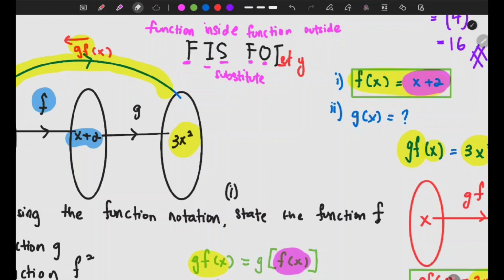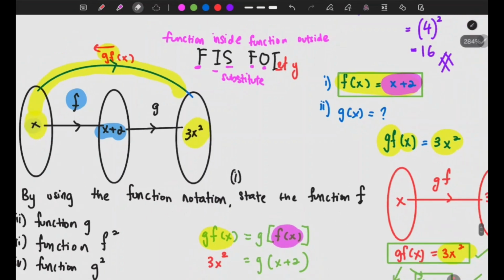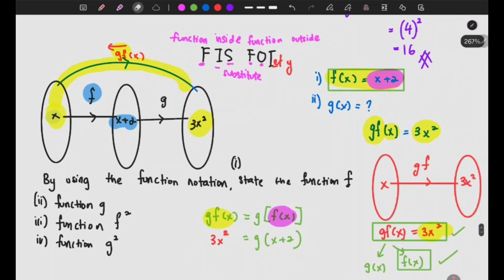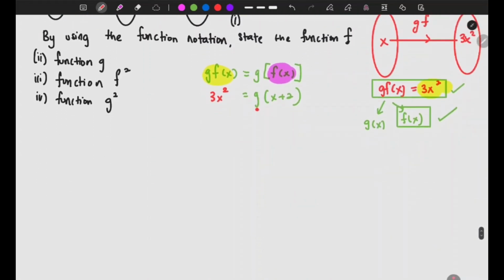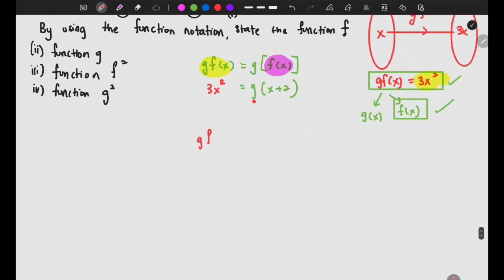So how to do is actually very simple. What do I mean by phase 4? Okay, so it's g. This g, is it inside or outside? In gfx, the g is placed outside, whereas your fx is inside, isn't it?